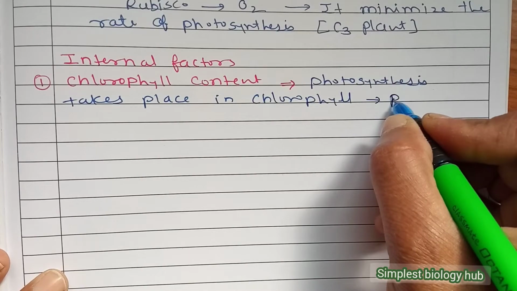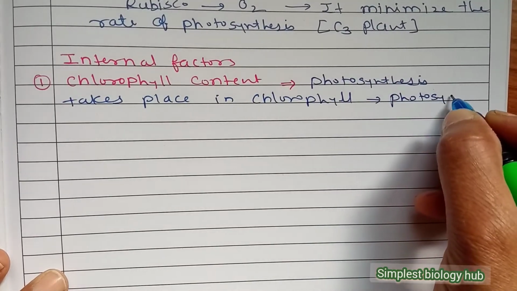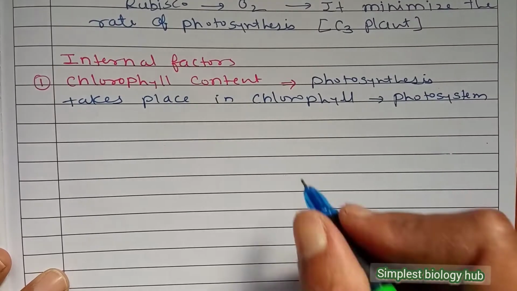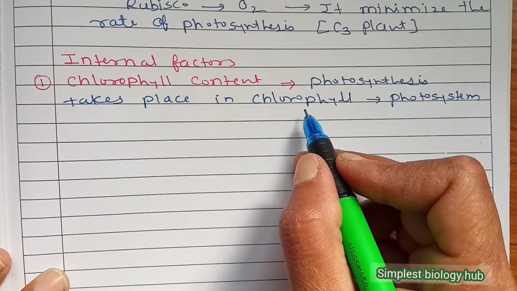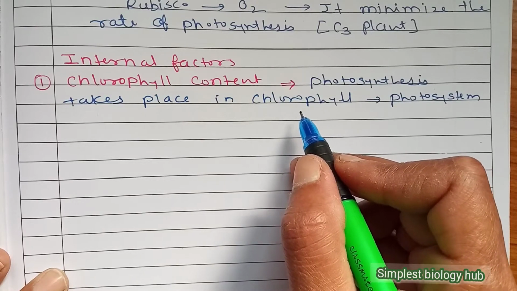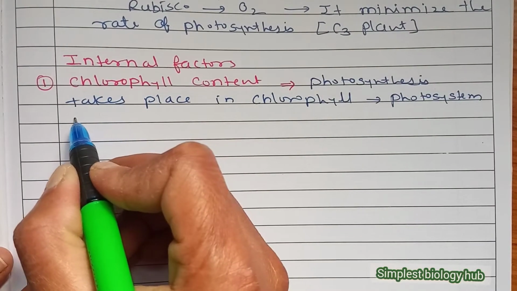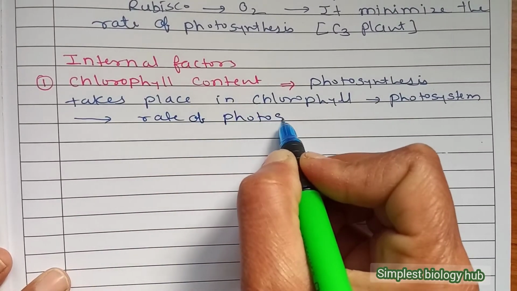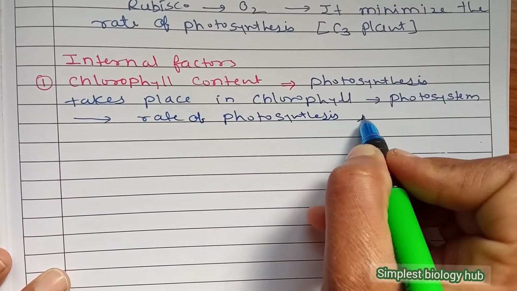It has photosystems. We already talked about the photosystem. They are located in the thylakoid membrane. If the number of chlorophyll is high, then the number of photosystems is high, and obviously the rate of photosynthesis is also affected by it. So if the chlorophyll is high, the rate of photosynthesis is high.